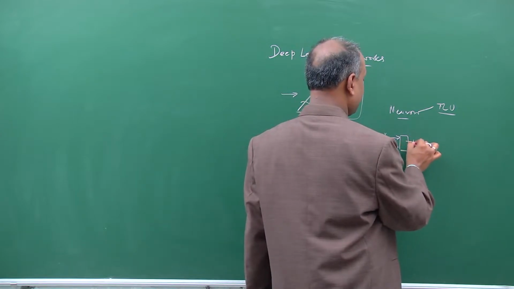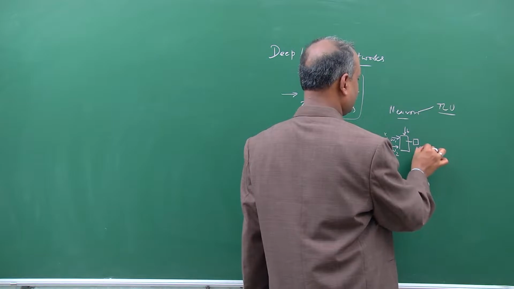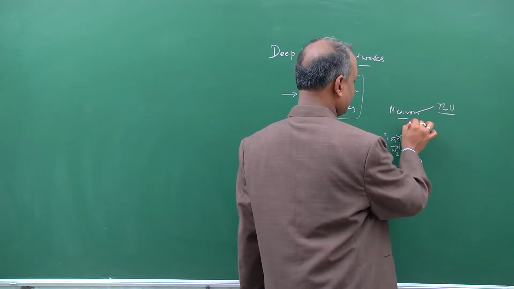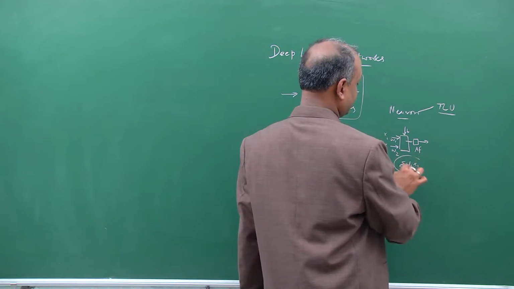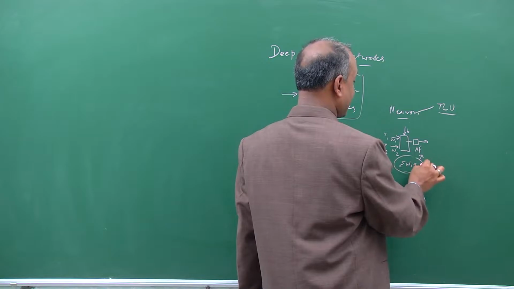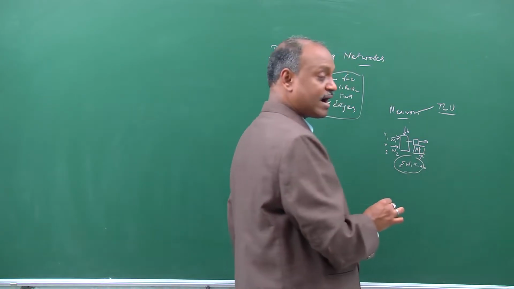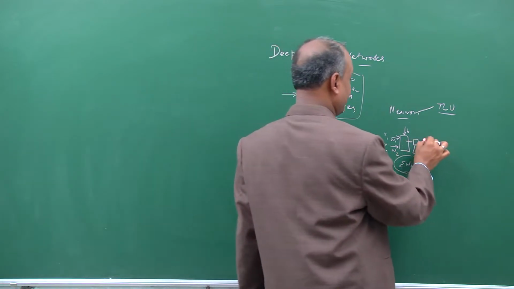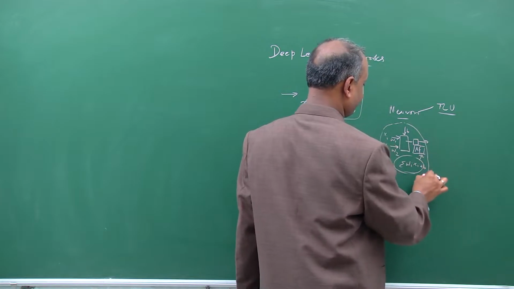Then there is some kind of activation function, and the output will be obtained after you compute sigma of wi xi and apply the sum to the activation function. So this is how a single neuron behaves.